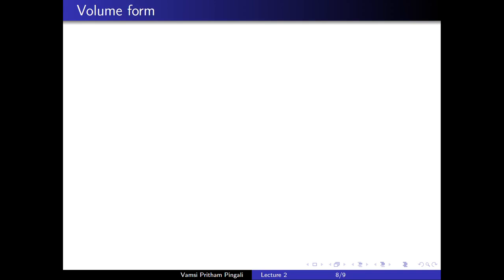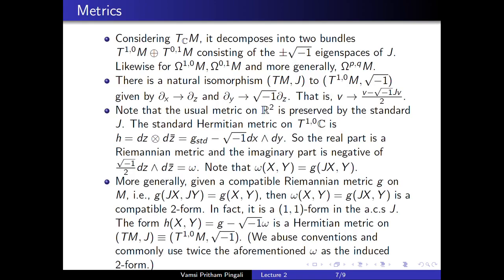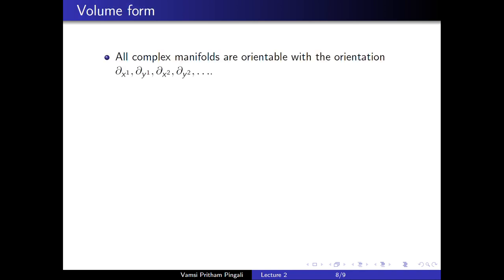Okay, now if you have a Riemannian metric, what's the next thing? If your manifold is orientable and it's compact, you can start integrating functions, right, using a volume form. Recall your Riemannian geometry. Now here is another beautiful fact. All complex manifolds are actually orientable. Now what does orientable mean?